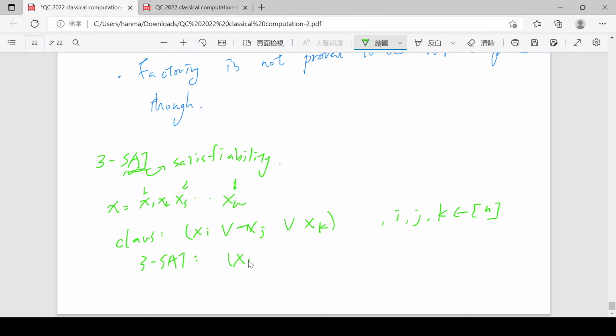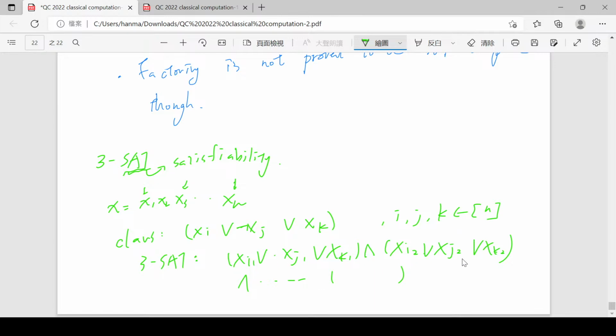So you have xi1 or xj1 or xk1, and there are ORs between the literals inside a clause, and you AND through all of them: xi2, xj2, xk2, and etc. So this is some logical expression.